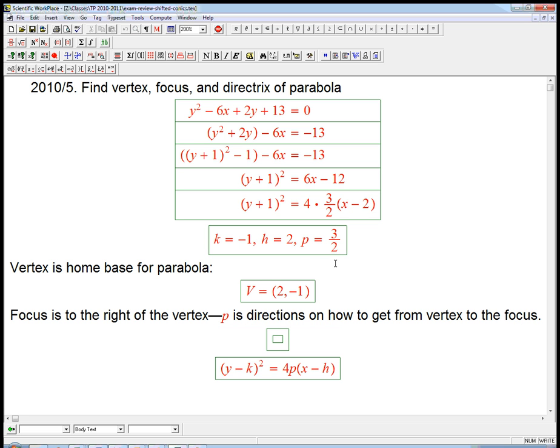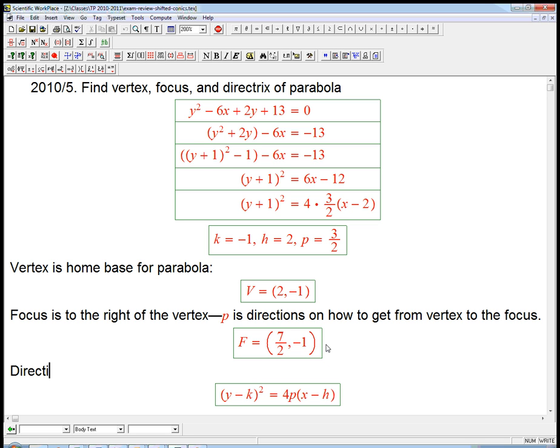And so that means that the focus is going to be, you take 2 and you move over to the right 3 halves. So that's going to be 4 halves plus 3 halves, 7 halves, comma, minus 1. Because you're not moving up or down. The focus is straight to the right of the vertex, and so it's going to be 7 halves, comma, minus 1. And then the directrix, always just go the other way from the vertex. It's equal and opposite to where the focus is.